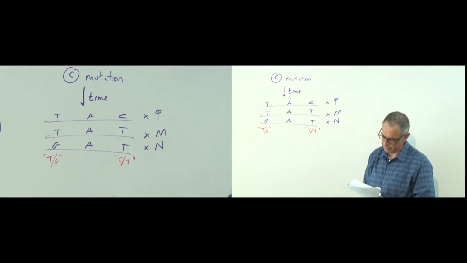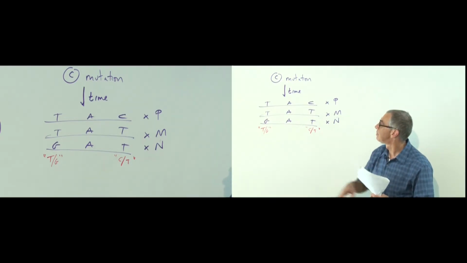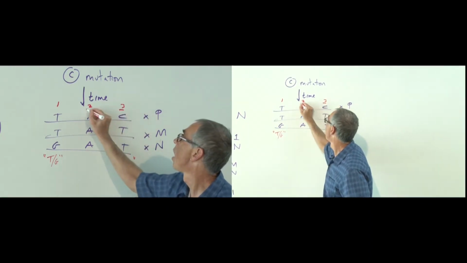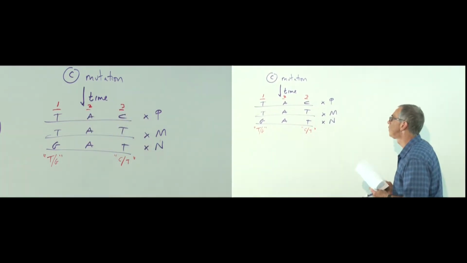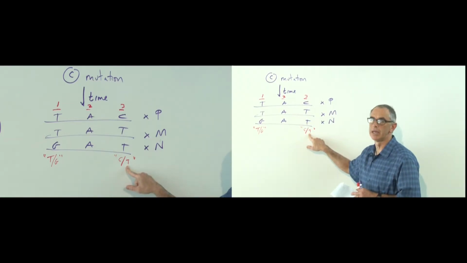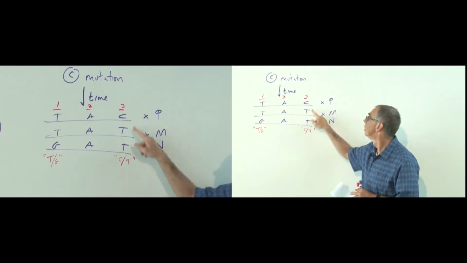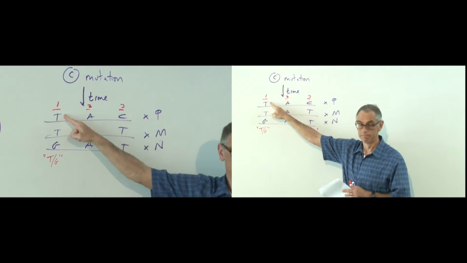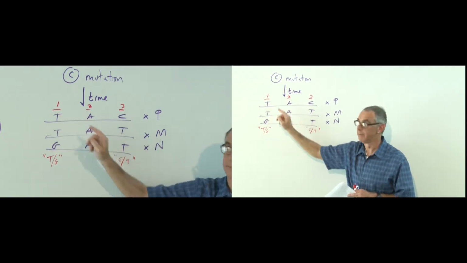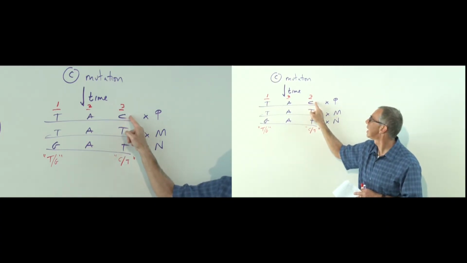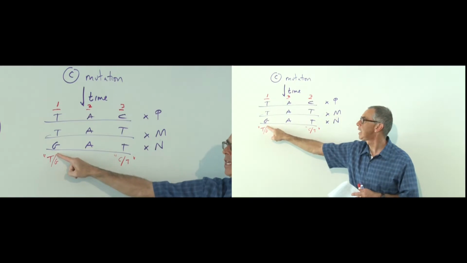But I want you to notice something about these SNPs at position 1 and 3. We'll call these positions 1, 2, and 3. What I want you to notice is that if I tell you that I've measured this SNP in an individual and it's a C, then you do not need to measure the SNP at position 1 because it has to be a T. That C arose on the TAT background, and so we've never seen a C at position 3 with a G at position 1.